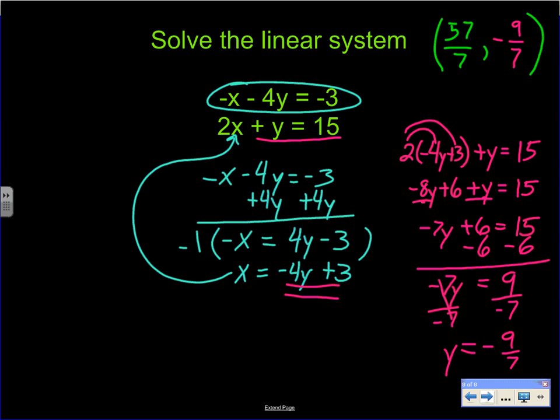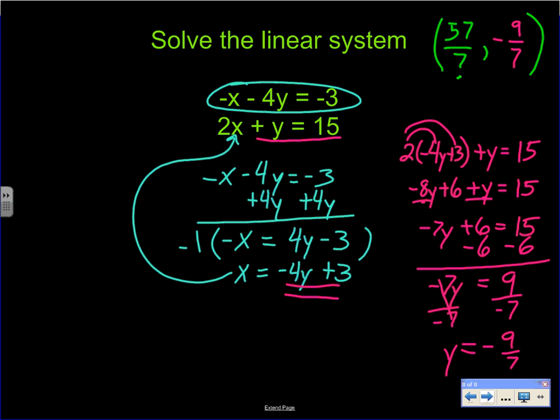It doesn't matter how you solve for y. You could have plugged in 57 over 7 into what we said y was equal to on the previous, before I erased this. And you would have gotten negative 9 over 7. Or work this out. I felt this was just as quick as working with the fractions.